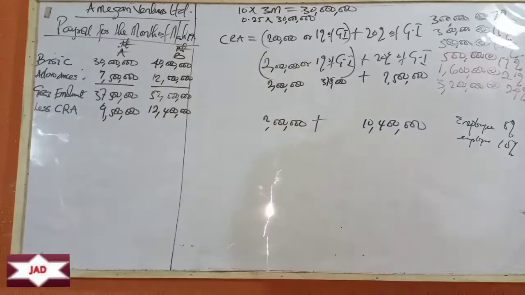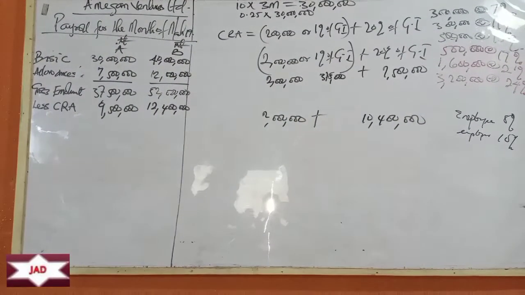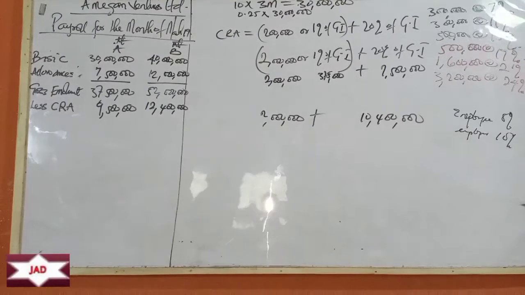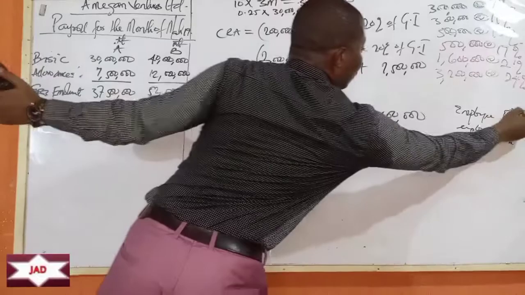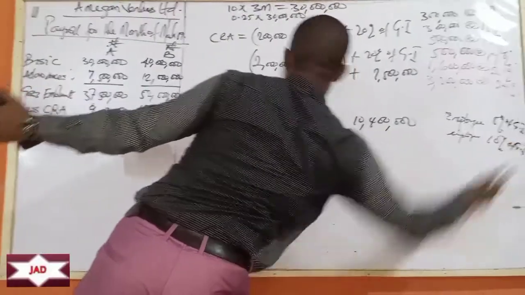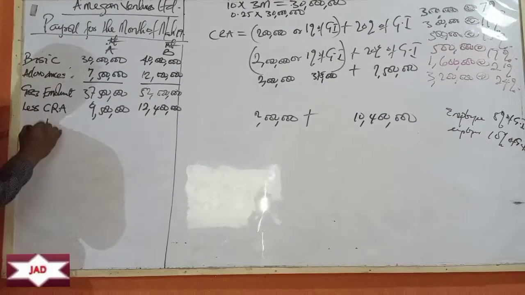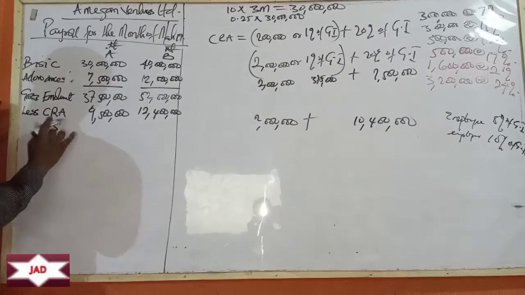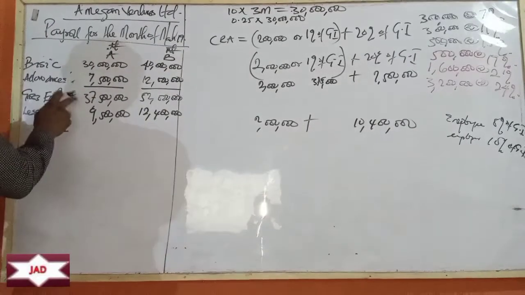Now remember that this is consolidated relief allowance. Now they said employees contribute to the pension scheme. So what's the pension scheme? Employee 8% of gross emolument, employer 10% of gross emolument. But this is the employee, okay? So we also have pension contribution, which will be 8% of gross here.